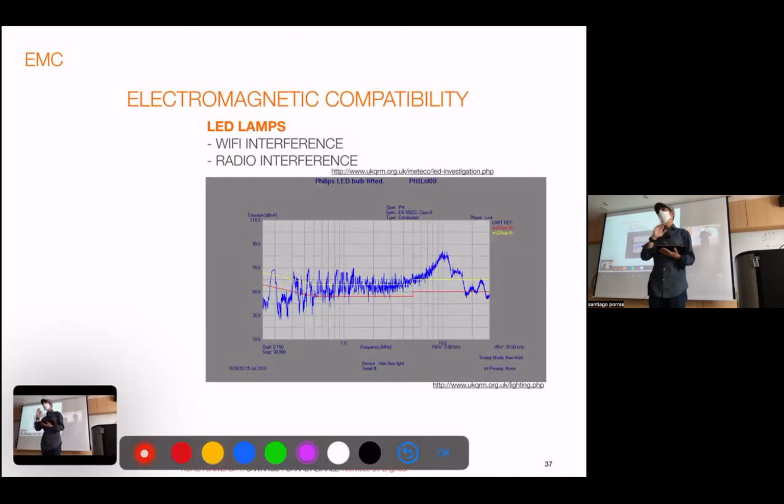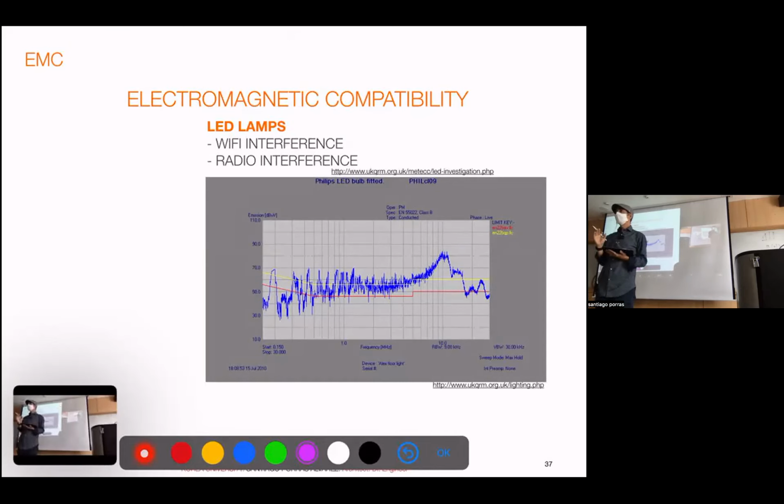And we commented the other day that fluorescent has been in the market for over 80 years. So it has been calibrated, and fluorescent lights are very reliable. LED, even though we have been using them for a long time, is still quite novel.